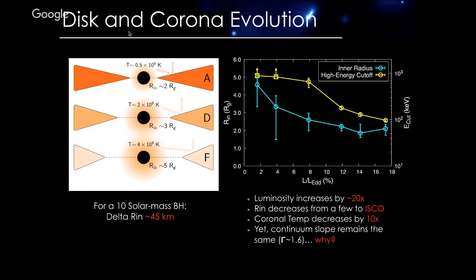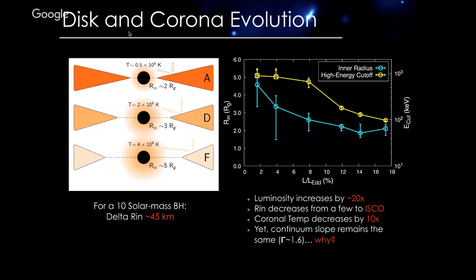So likely the disk was receded, and that's why the system is not detected in X-rays. Through some mechanism that is not well understood yet, the accretion rate in the system increases. You start the outburst, start filling in the accretion flow, it forms an accretion disk, and the disk is getting closer and closer. It's also increasing in luminosity, likely because the accretion rate is increasing.